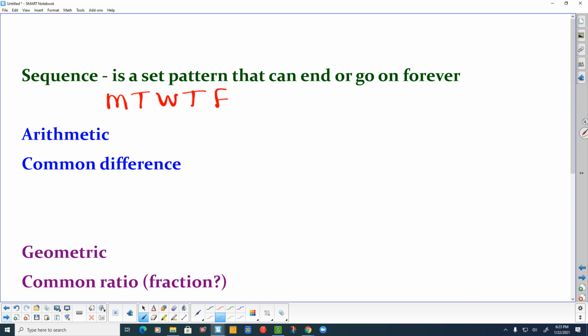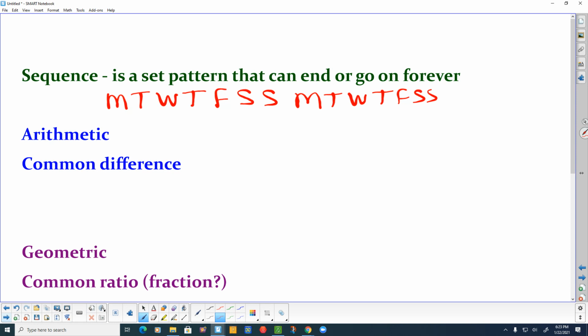Because it ends soon. Now, the sequence does repeat itself, right? It will go back to Monday, Tuesday, Wednesday, Thursday, Friday, Saturday. So it can end even though it goes on forever. It's a repeating pattern.